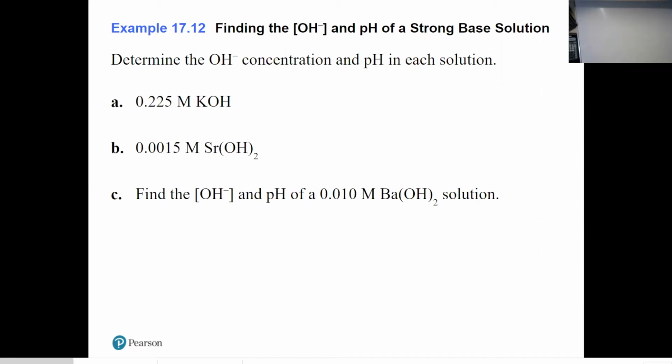And when we double that amount of hydroxide that gets ionized, we have to reflect that when we're talking about our hydroxide ion concentration. Okay, if we don't reflect that in our hydroxide ion concentration, then we're going to throw ourselves off in terms of our pH calculations. All right, so let me show you what I mean.